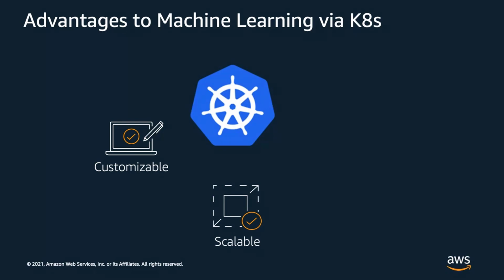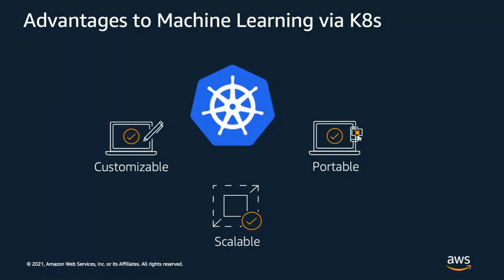Kubernetes is scalable and offers a variety of features to scale up and down depending on your workload. Finally, Kubernetes itself is not cloud-specific and can be implemented across a variety of platforms and services. To take us into more detail, I'm going to introduce my partner, Arjuna.